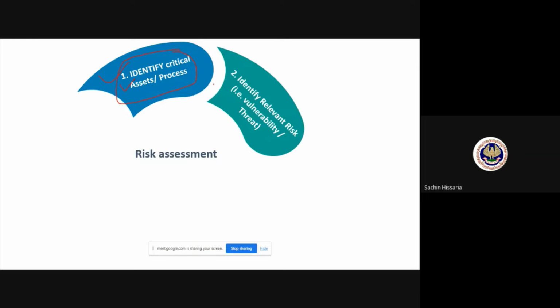First, the organization will list down how many critical assets and processes there are. After identifying those, the organization will identify relevant risks. To do that, they should know the vulnerabilities and threats associated with those assets and processes.